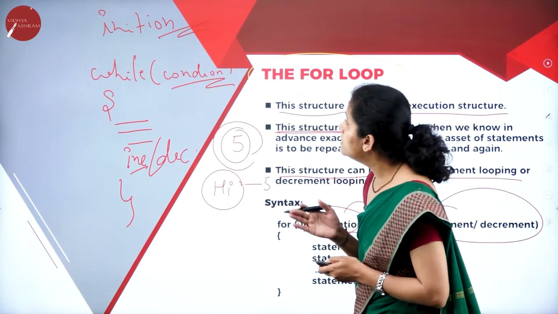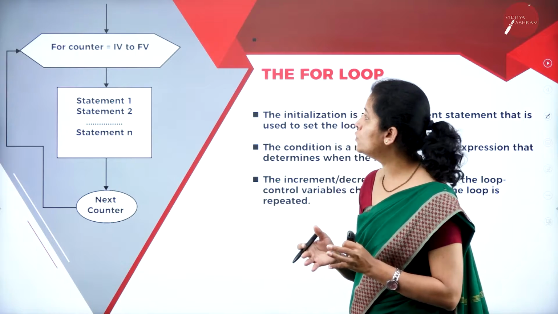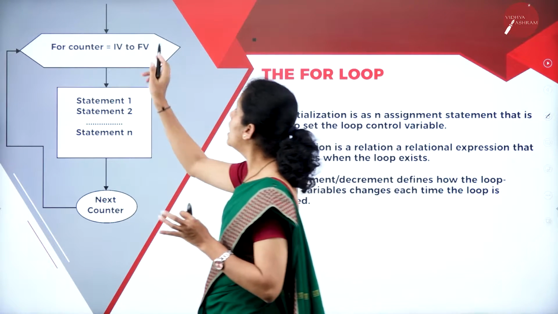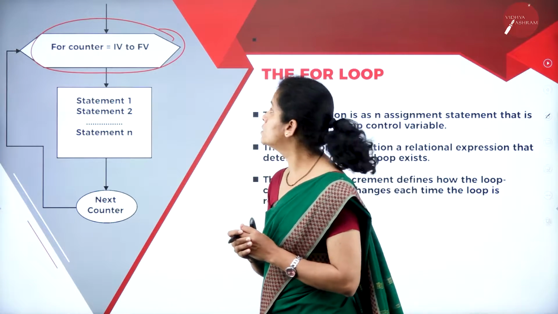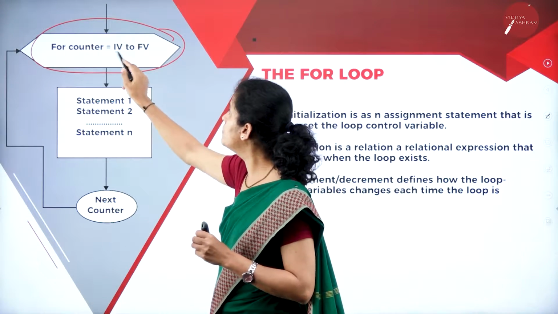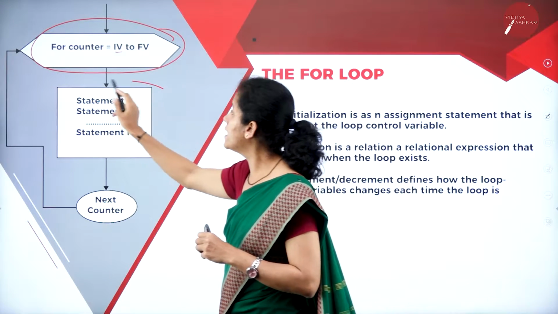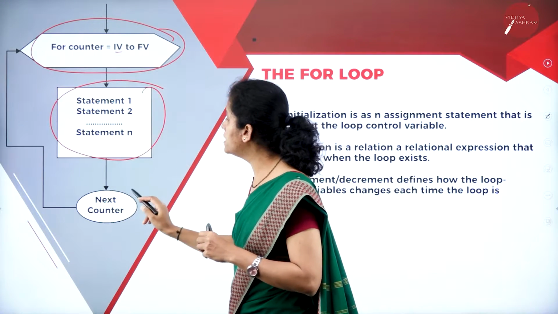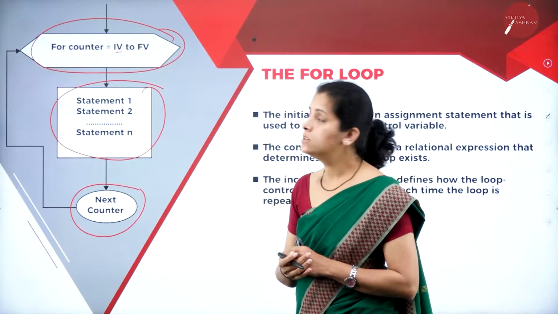Moving further, let me explain the flowchart of the for loop. At the beginning, I'm going to have for counter and it's going to vary from IV to FV, and I'm going to have this statement and the counter section.